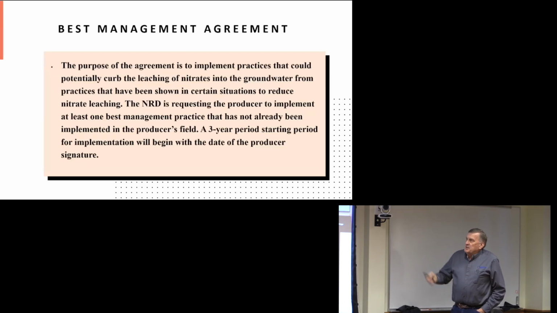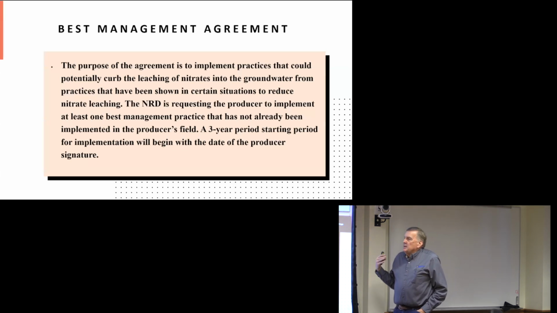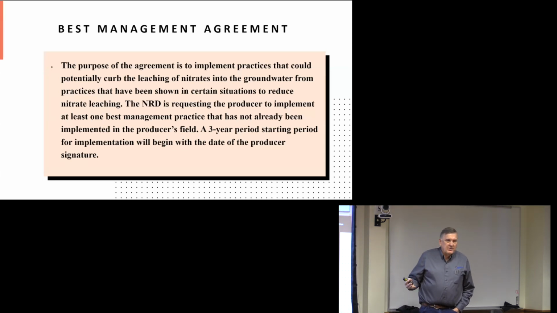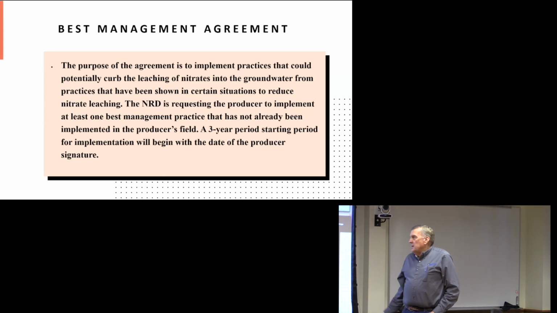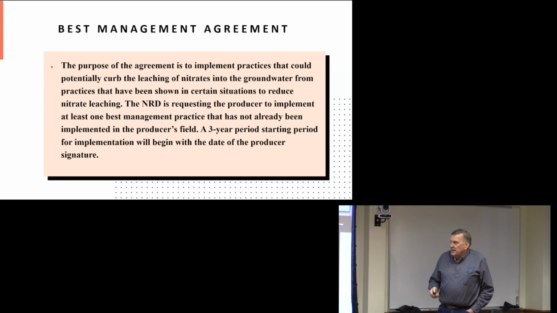And like I said, the purpose of the agreement is to implement practices to actually try something new or different. That's our ultimate goal. We have producers up there that range from 25 years old to 85 years old, and each one is going to try something different to move forward on best management practices.